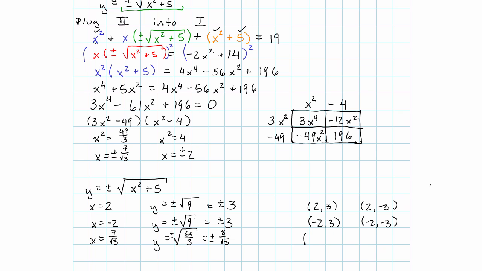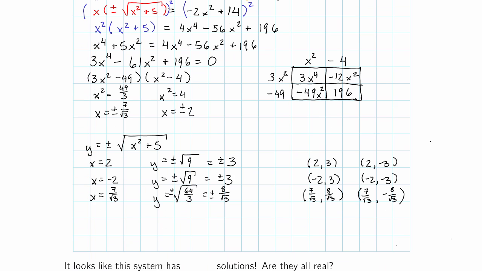So that gives me 7 over square root of 3 and 8 over square root of 3, or 7 over square root of 3 and negative 8 over square root of 3. These are unpleasant numbers, right? We could get decimal approximations if we liked those better, but that wouldn't be any more pleasant.